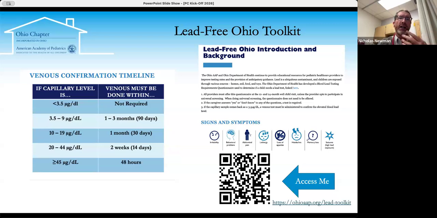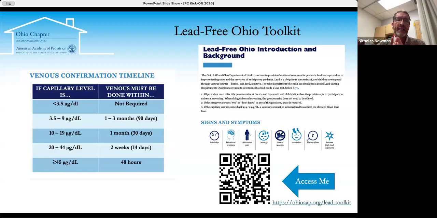So now we'll go to the left side. In a lot of offices, there is not an option to get venous blood levels or venous blood of any kind, and so capillary testing is done, right?